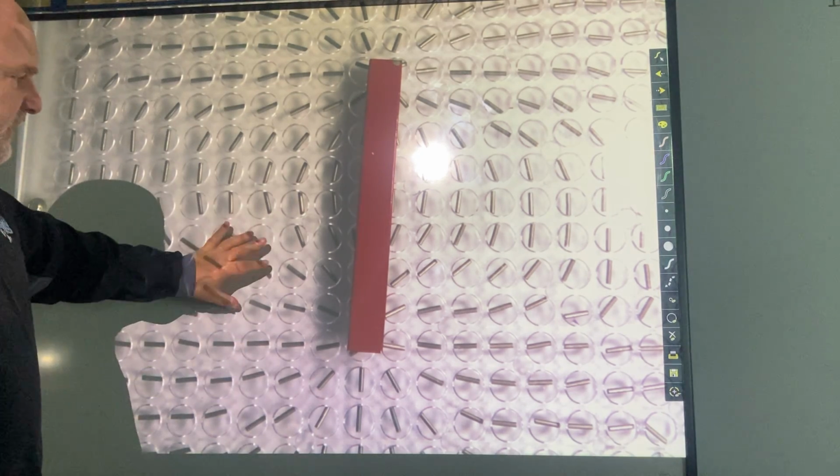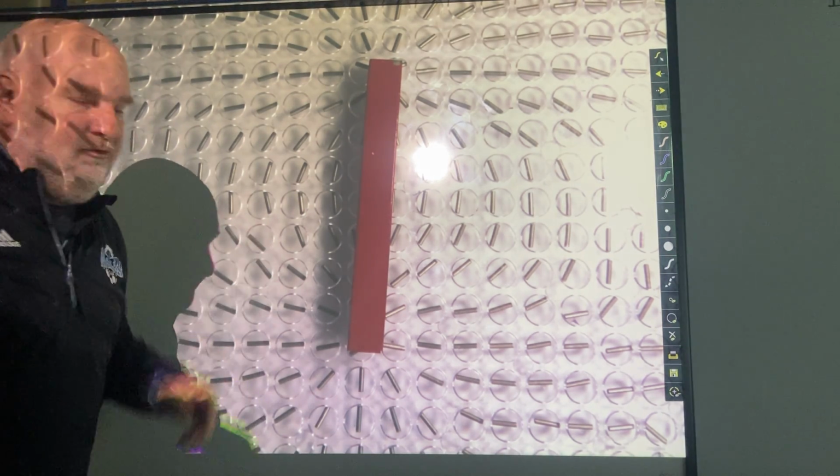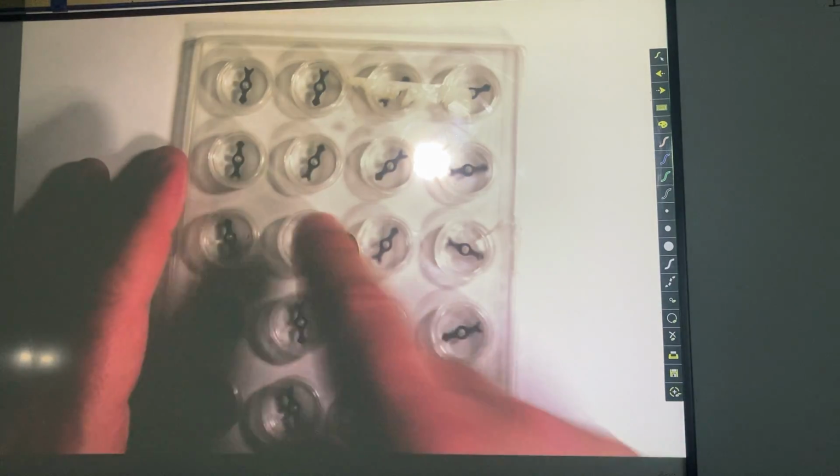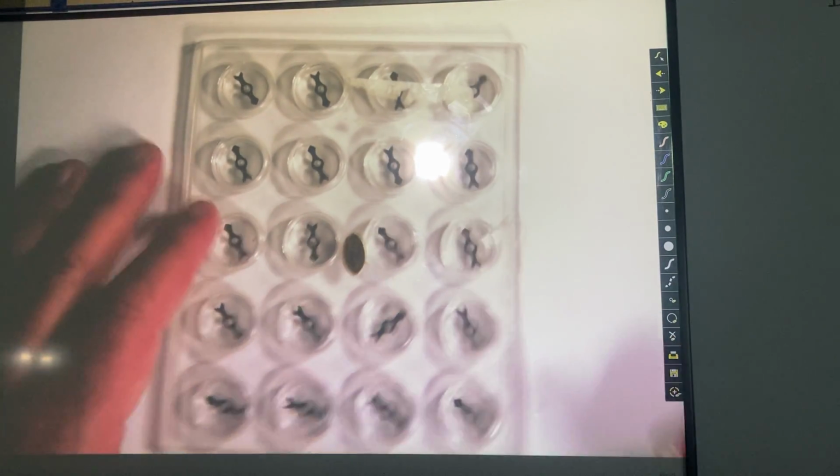Now, I'm going to put another one of these things up here, but it's a little different from this one in that this one here has a bunch of little compasses in it.